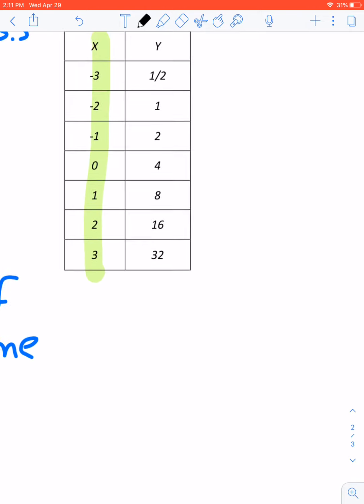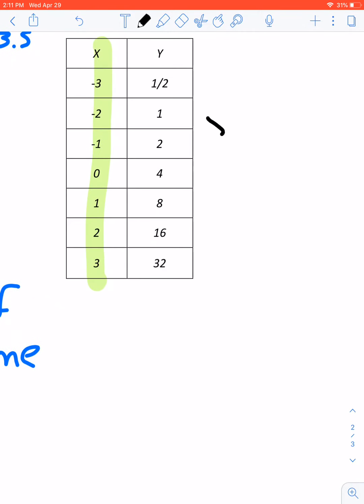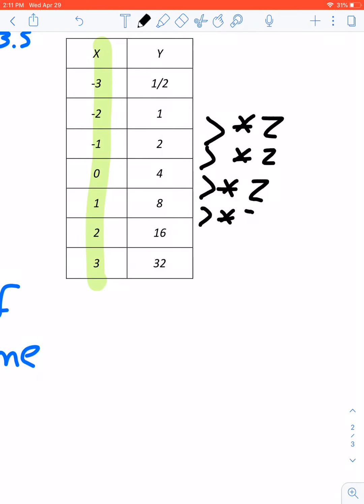Well, let me look at this. I notice that 1 times 2 is 2, and 2 times 2 is 4, and 4 times 2 is 8, 8 times 2 is 16, 16 times 2 is 32.